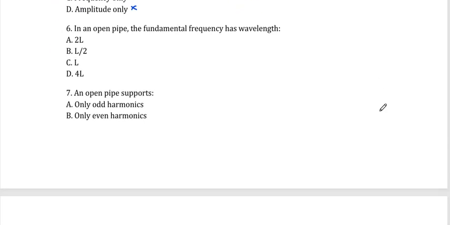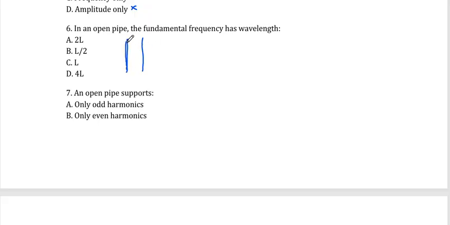Now for number 6, in an open pipe, the fundamental frequency has a wavelength. Even though that's a very straightforward question, let me show you how that is.